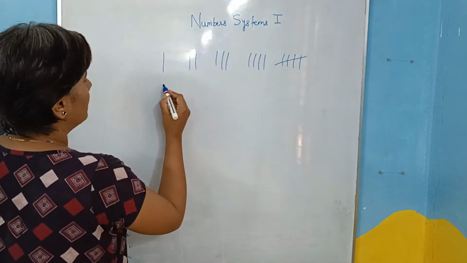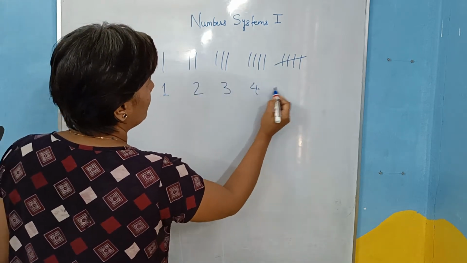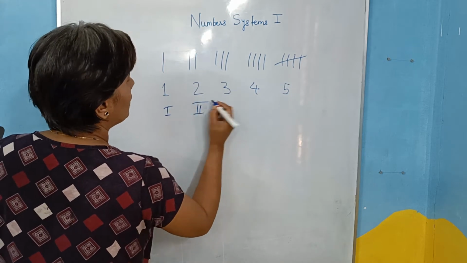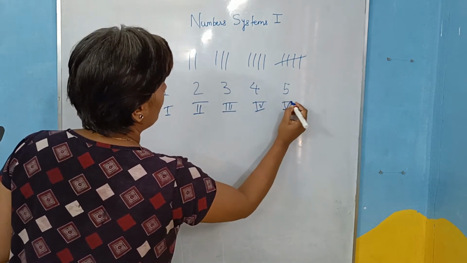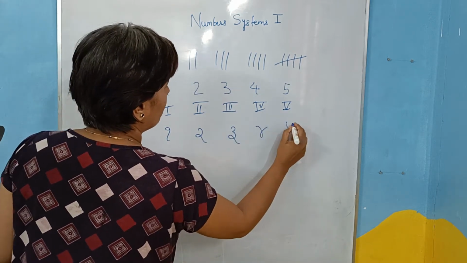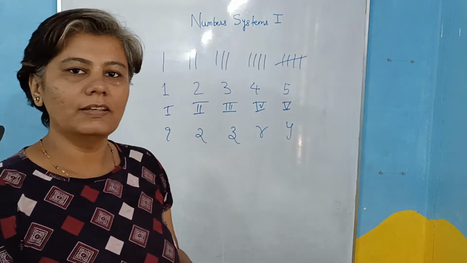Later on, people decided to call it 1, 2, 3, 4, 5, and so on, or in Roman numerals, or in Devanagari 1, 2, 3, 4, 5. And this can have many other variations, right?